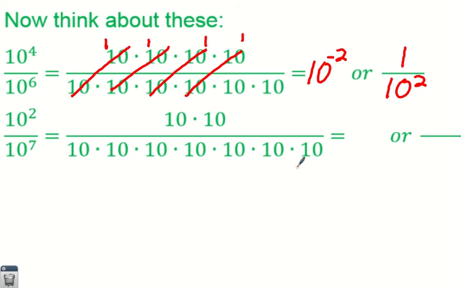That's pretty much going to tell the story of how we deal with negative powers. This is a negative power, but there's no negative power here, and this means the same as this. Another quick example: if you just subtract these powers, you end up getting 10 to the negative 5 power.